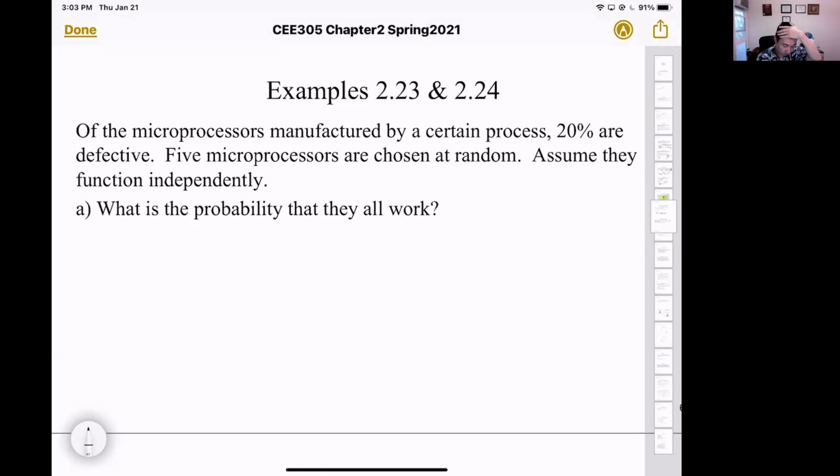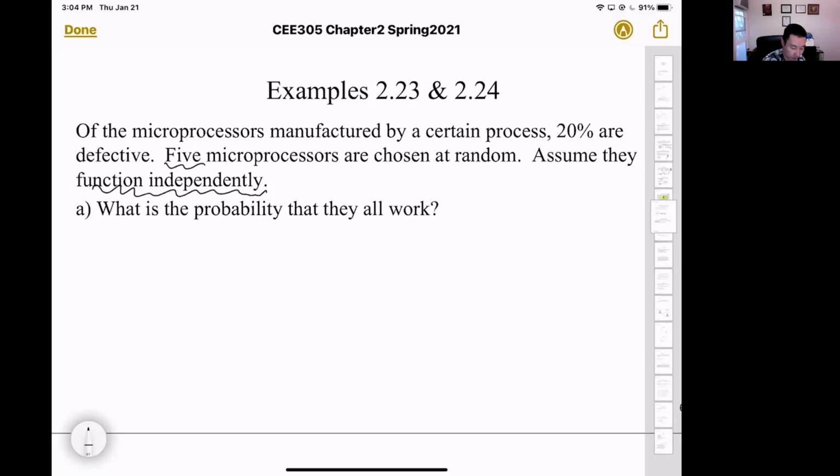Right, so another example. We have a microprocessor manufactured by a certain process. 20% are defective, and we have 5 microprocessors chosen at random that function independently. We are asked what is the probability that they all work.